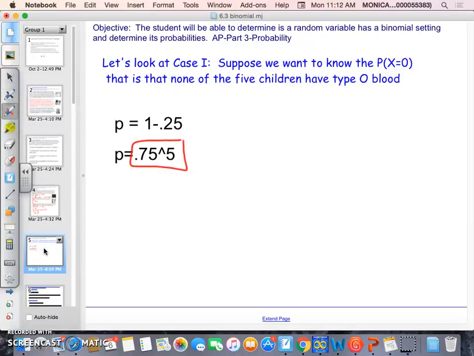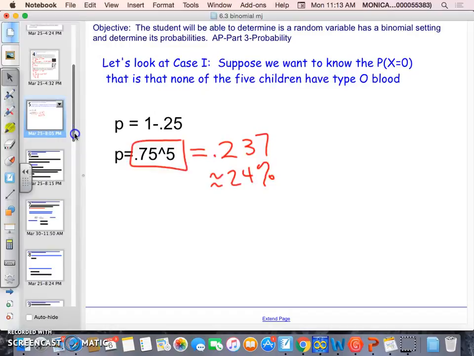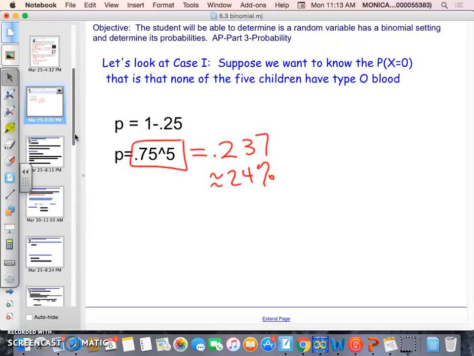And so when you do that, type in 0.75 raised to the 5th, you get 23.7, or 0.237. Which means there's about a 24% chance that zero of the 5 children would have type O blood.